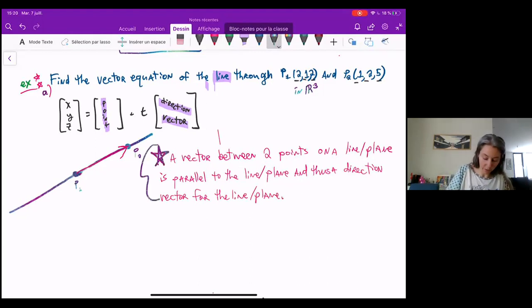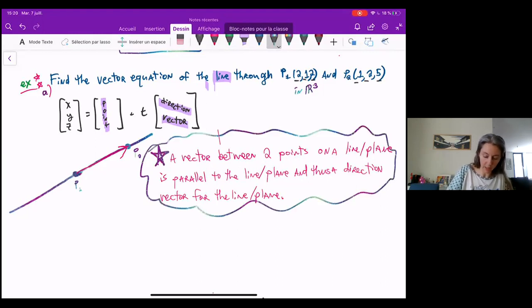Okay, this is kind of important. You should have that in a place where you can look back at it and easily see it.